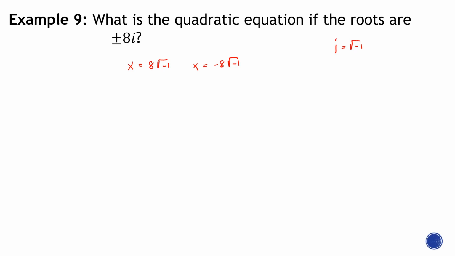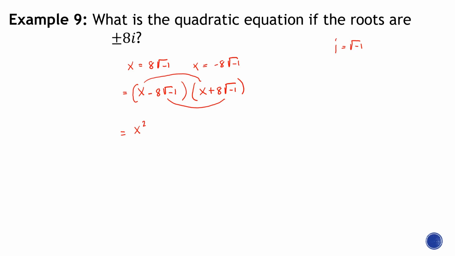Then convert this into binomials. This gives us x minus 8 square root of negative 1, that's the first one, and the other one is x plus, the opposite of negative 8, 8 square root of negative 1.